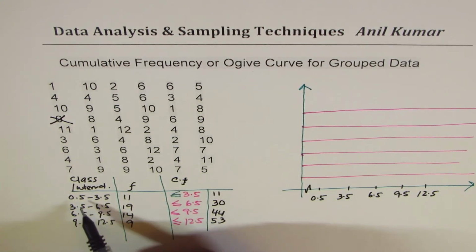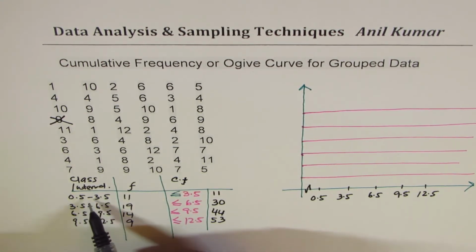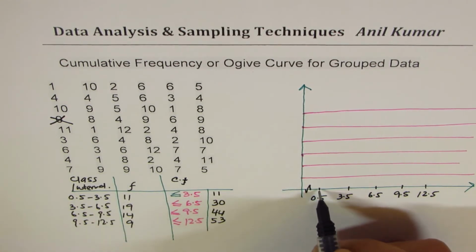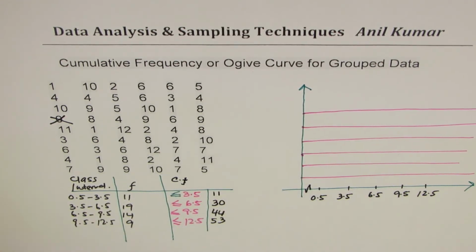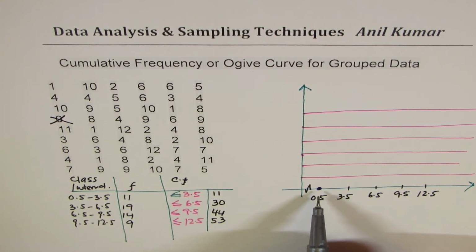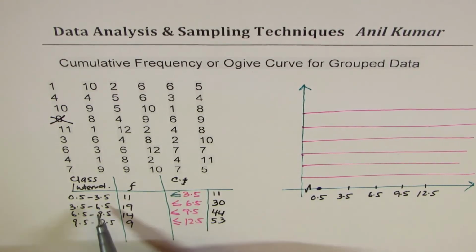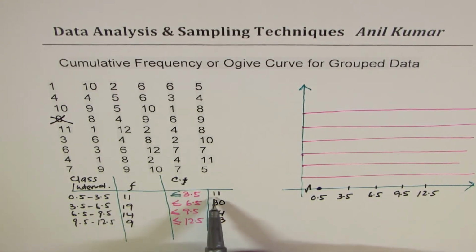Now, less than 0.5 will be 0. So the first point here is always the beginning, right? Less than 0.5 is actually 0. This is important, not to be missed. Then at 3.5, we have 11.